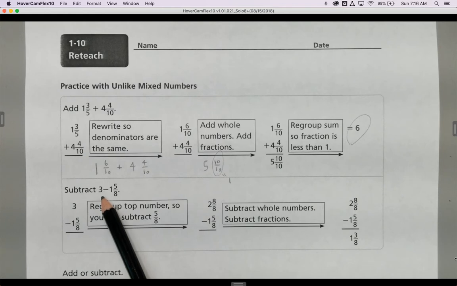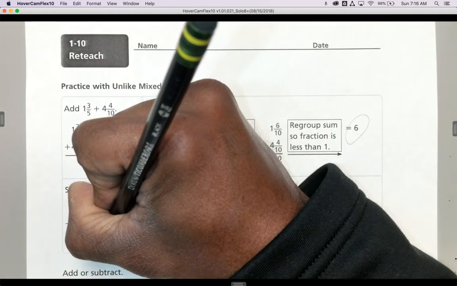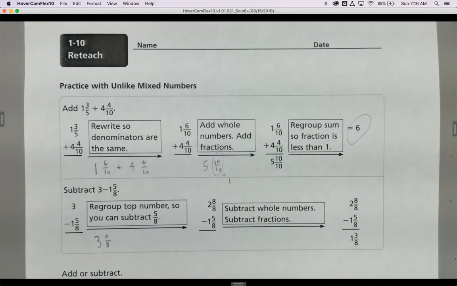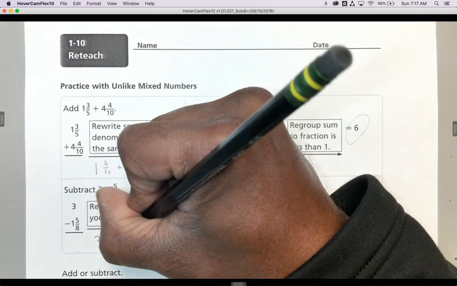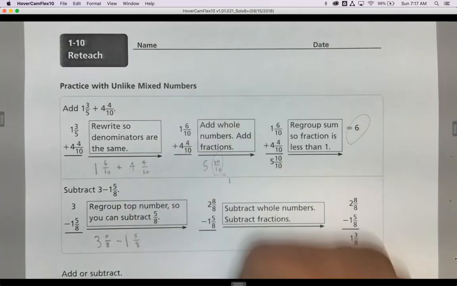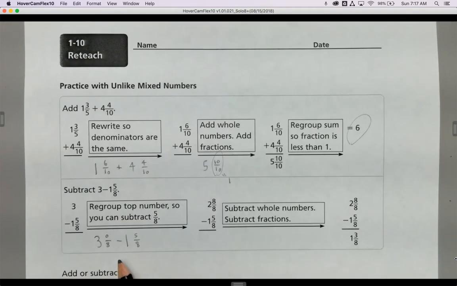You can take whole number 3 and rewrite it as 3 0/8. I know that looks goofy, but now at least it looks like a mixed number. It's got a fractional part. And when we put the minus 1 5/8 part side by side with it, we can see, oh, I need to borrow from the whole because 0 is clearly less than 5.